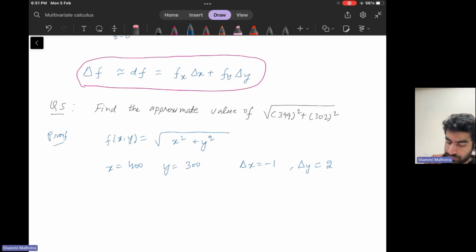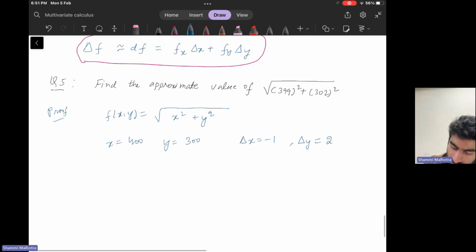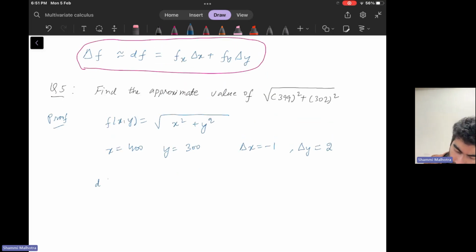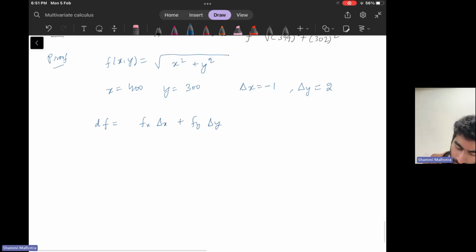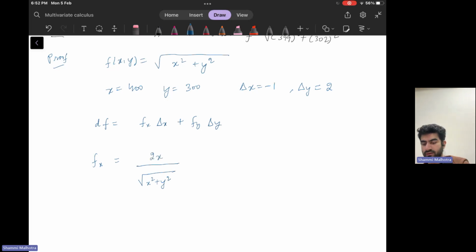Okay, so what would be the approximate change? The approximate change df is f_x del x plus f_y del y. So I have to calculate these partial derivatives in order to find this approximate change. So f_x, if I partially differentiate this function with respect to x, this would be 1 upon 2 times the square root of x square plus y square, times 2x.